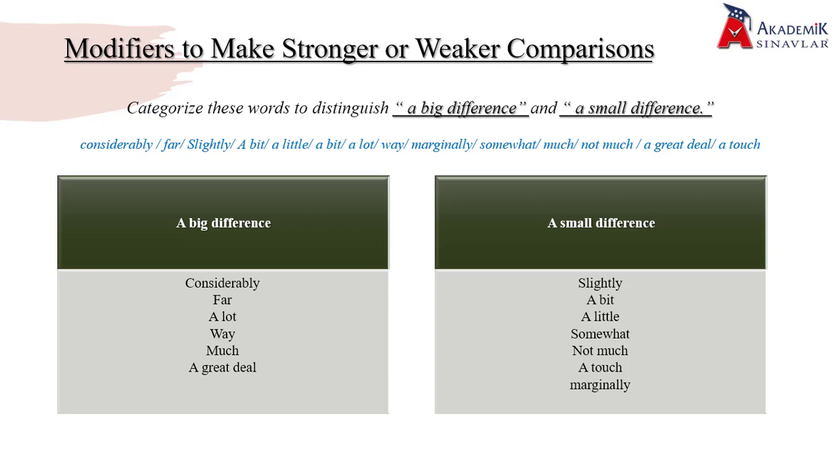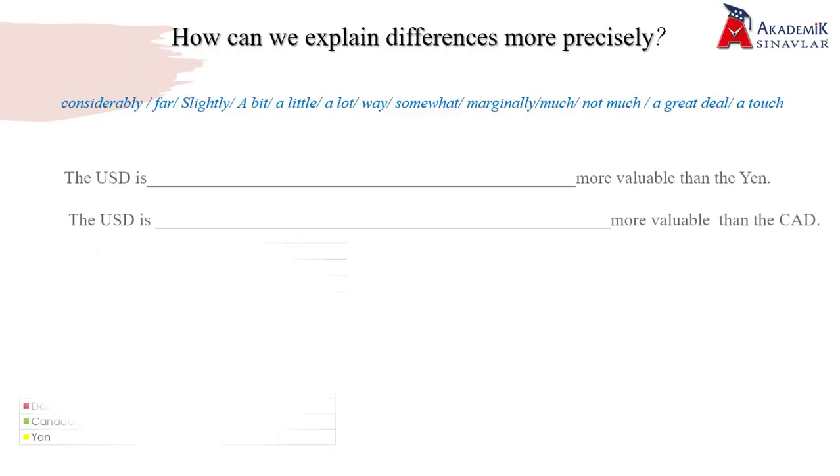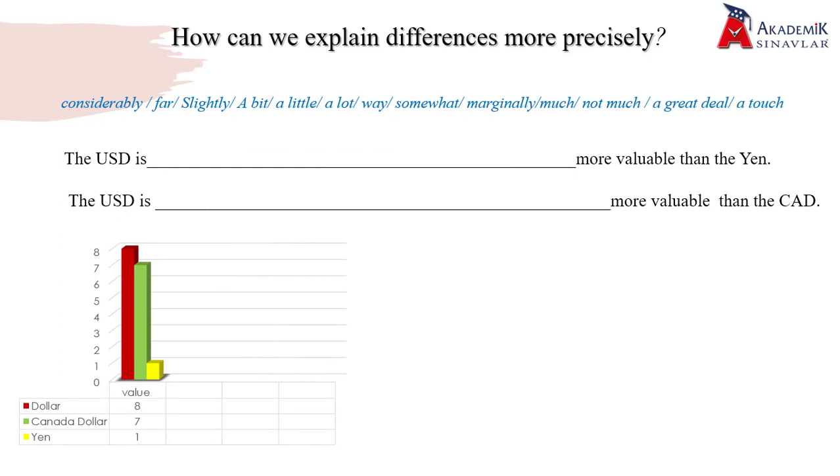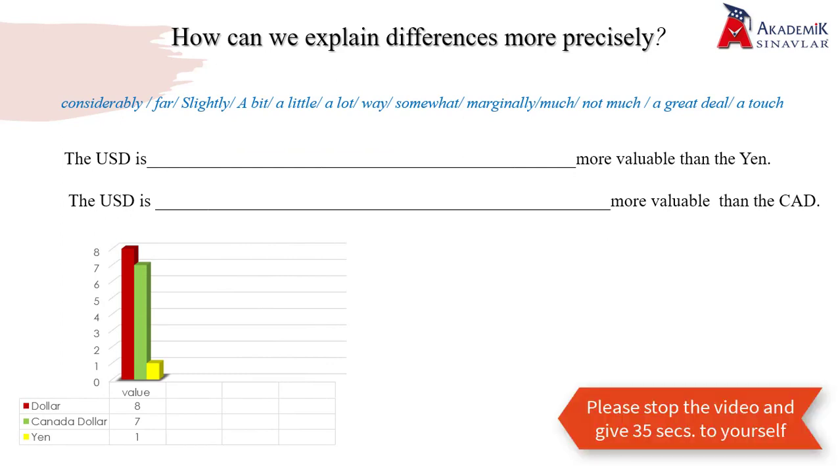So, what is the role of these words? These words are adverbs, which are used as modifiers to make stronger or weaker comparisons. Getting familiar with these adverbs, let's move on to make much better sentences. We have the same chart here and the same basic sentences. Using the modifiers in blue, you have 30 seconds to fill in the blanks.